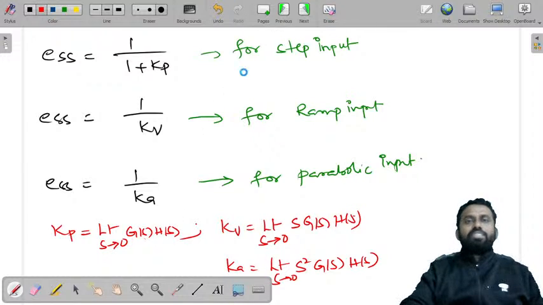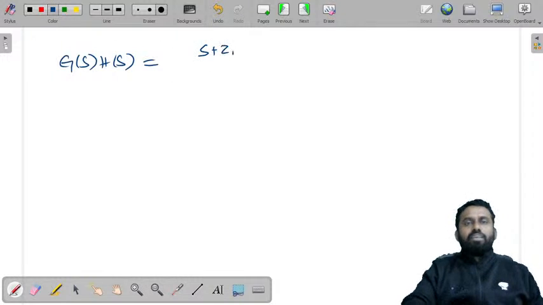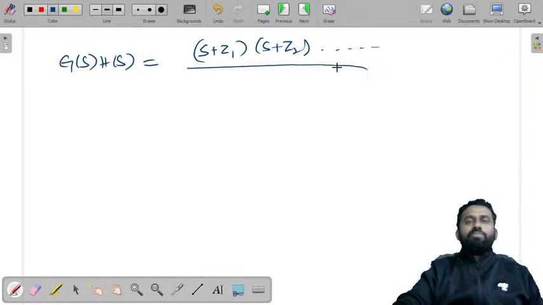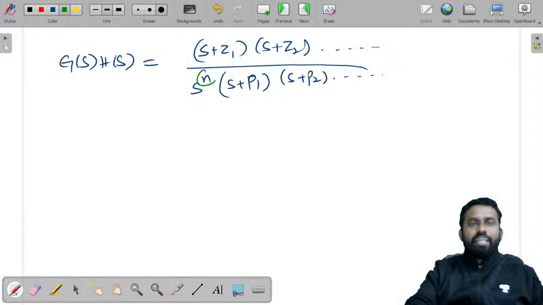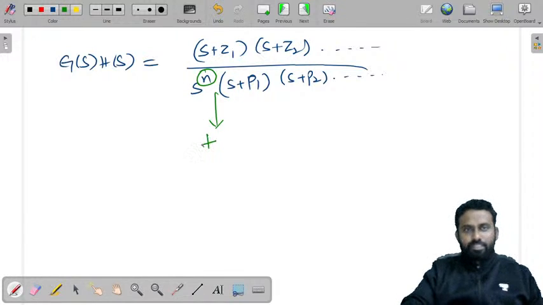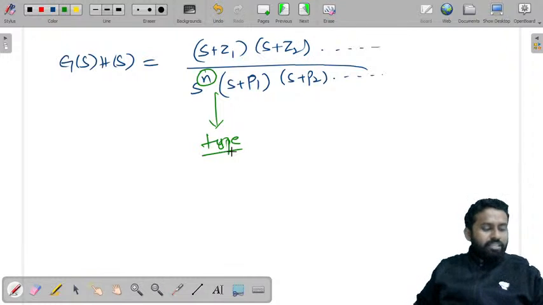Now using this, g of s into h of s will change. How does that g of s into h of s change? Let us see. So this g of s into h of s has some form like this: s plus z1 into s plus z2, zeros in the numerator, by s power n into s plus p1 into s plus p2 and so on. This n indicates the type of the system. N will indicate the type of the system.